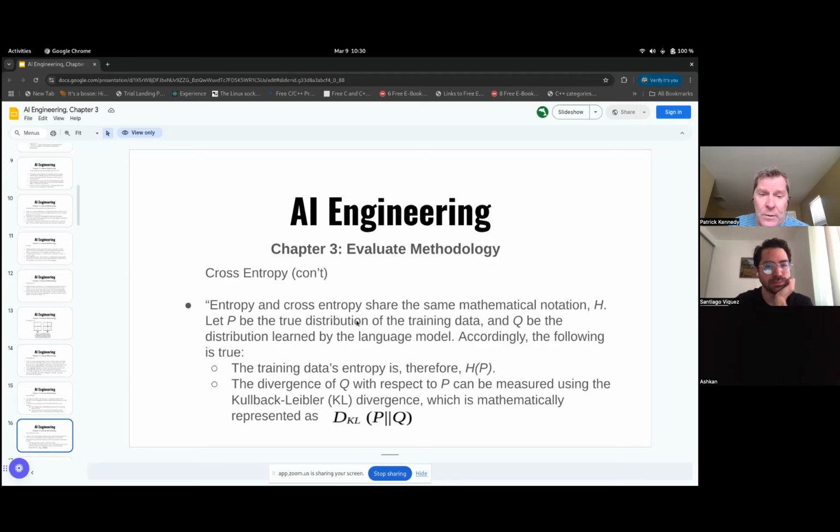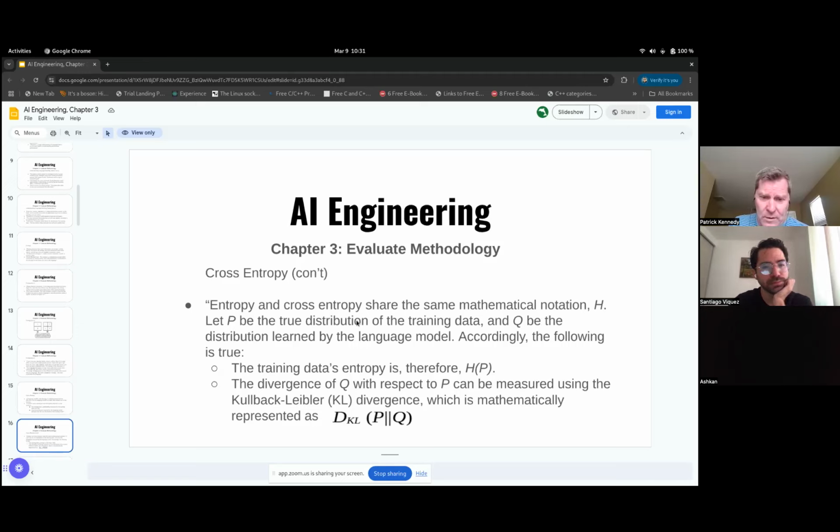Accordingly, the following is true. The training data's entropy is therefore H with P as a parameter. So H is a function of the entropy, and P is the set of probability distribution values.